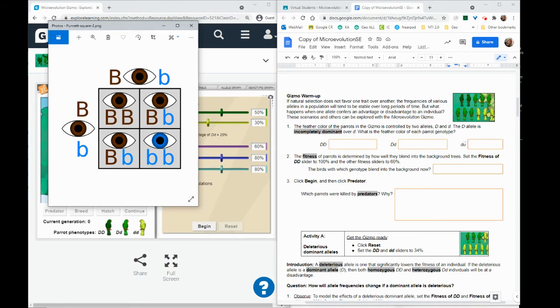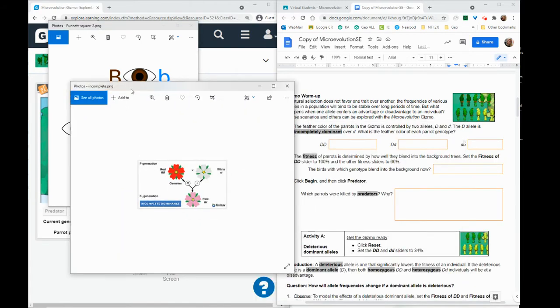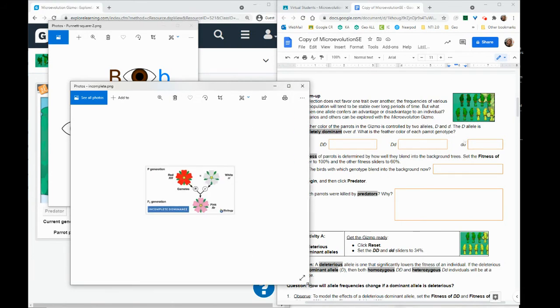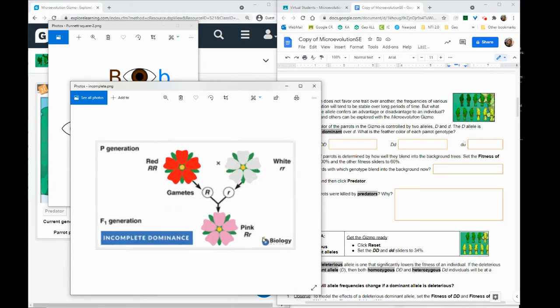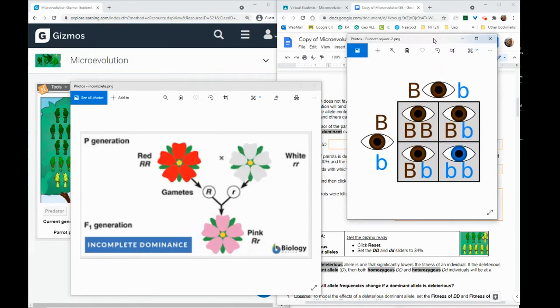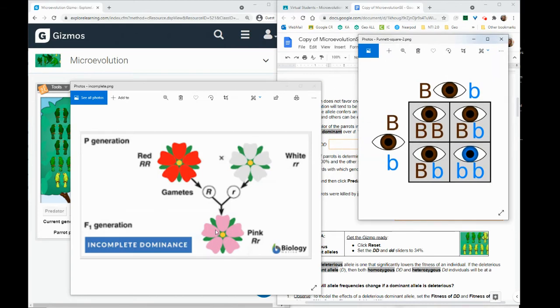Incomplete dominance means that the heterozygous genotype will have an intermediate phenotype, which is a lot of words to say that the heterozygous genotype is going to look like an average of the homozygous dominant genotype and the homozygous recessive genotype. We see this a lot in flowers. So you'll have a red flower and a white flower, and then the heterozygous will be pink.